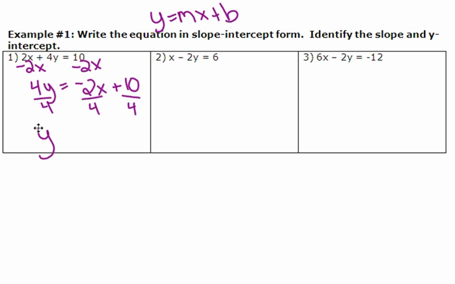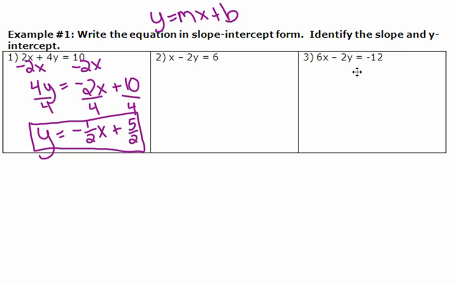So I get y equals negative 2 divided by 4 doesn't go in evenly, but I can simplify the fraction to negative 1/2. So this is negative 1/2 x. 10 divided by 4 doesn't go in evenly, but I can simplify that fraction to 5/2. This is my equation in slope-intercept form.